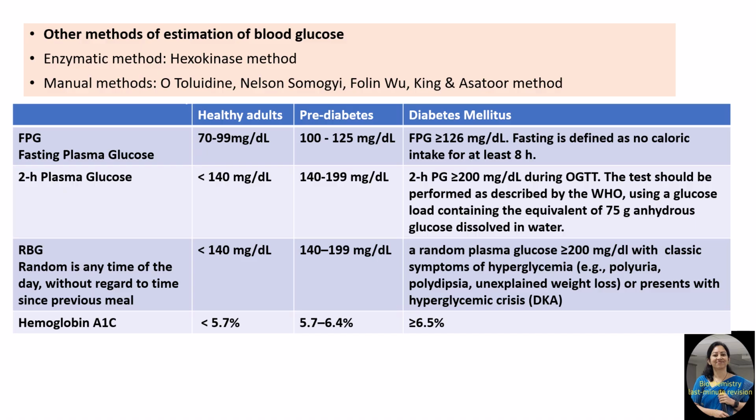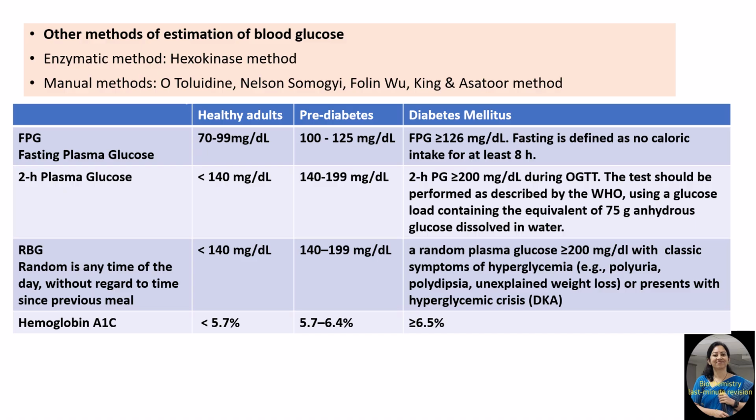Now there is a difference between 2-hour plasma glucose and post-prandial plasma glucose. For routine investigation, post-prandial glucose is used, but for diagnosis of diabetes we have to use the 2-hour plasma glucose as stated by WHO, by giving 75 gram of anhydrous glucose dissolved in water. The other terminology is post-prandial blood glucose or plasma glucose.